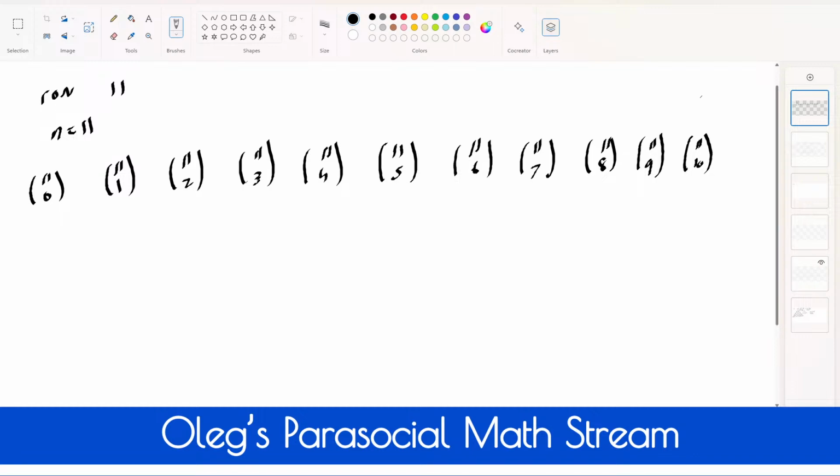Starting to wonder if writing the whole thing might have been the easier option. 11 choose 11. Okay, so we know that these two are the same.